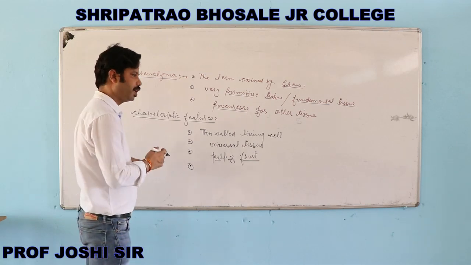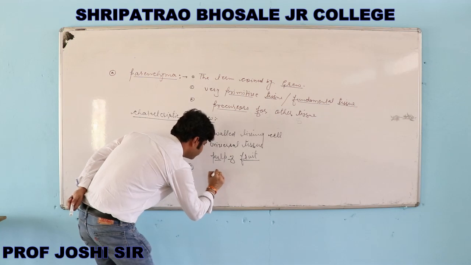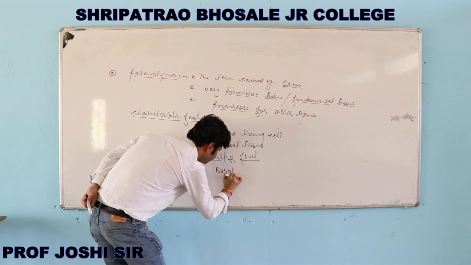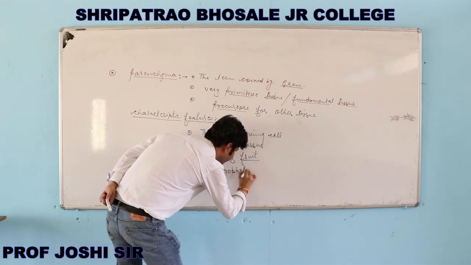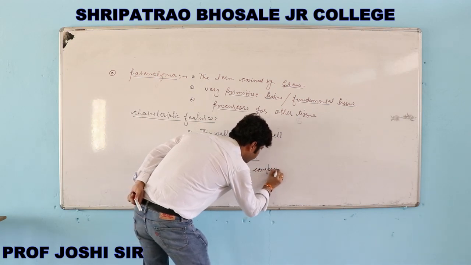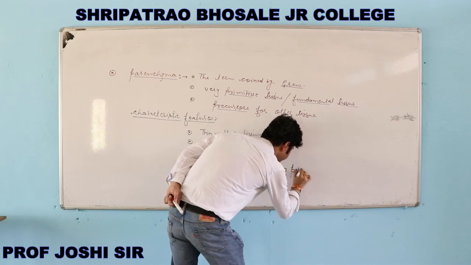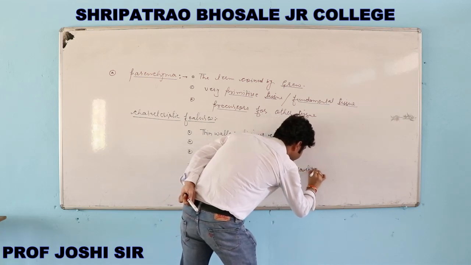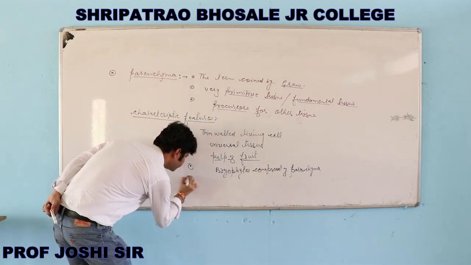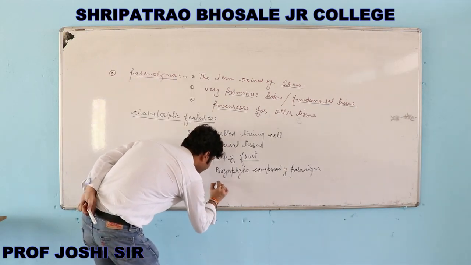Next, these tissues are mainly present in bryophytes. The bryophyte body is composed of parenchyma. Next, intercellular spaces are present.